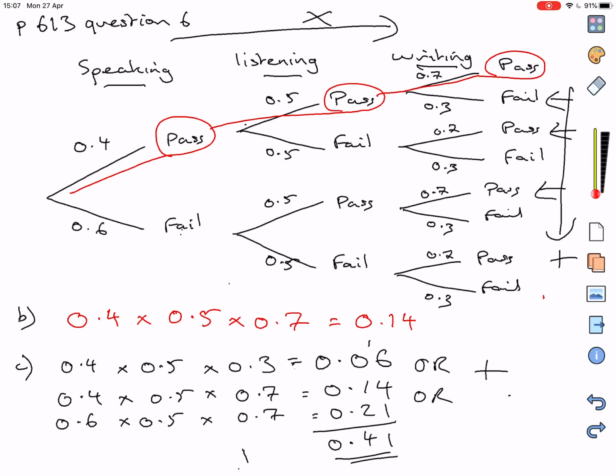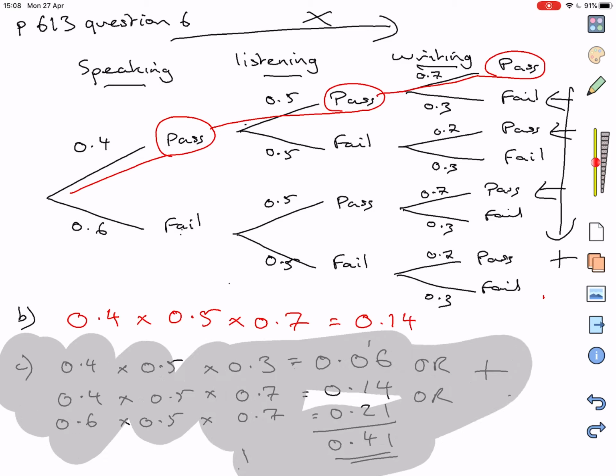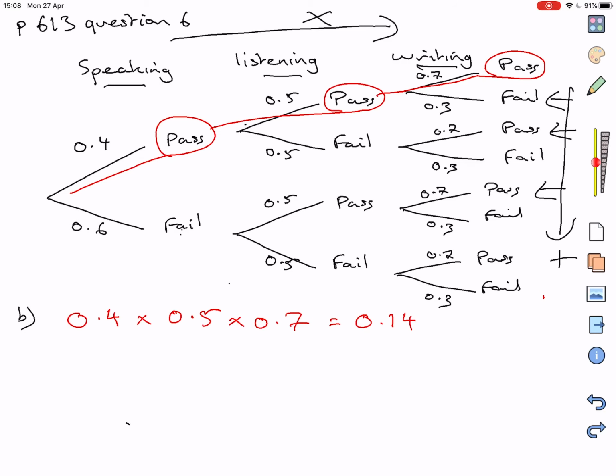Now, part D then says, what happens if he fails all three? Well, if he fails all three, I'm just going to rub this out and give myself some room. He would fail speaking, there's a 0.6 chance of that. He would fail listening, which is a 0.5 chance of that, and he would fail writing.